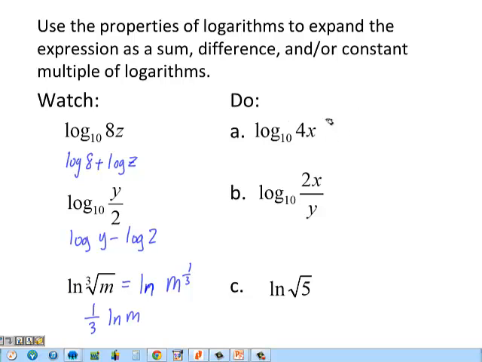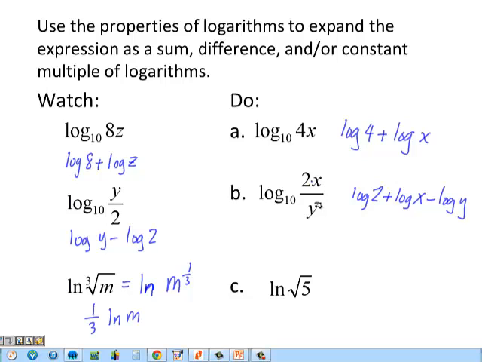Alright, so you've finished these 3, so let's look at this. I'm going to expand, so this will be the common log of 4 plus the common log of x. And this one is the common log of 2 plus the common log of x minus the common log of y.